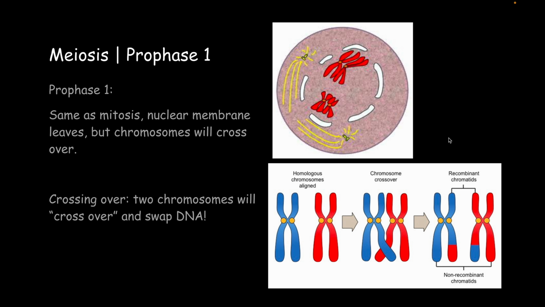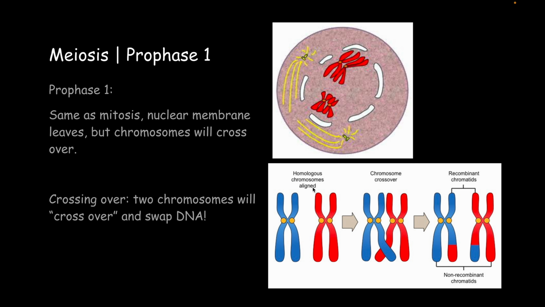Unlike prophase in mitosis, where it's just the nucleus leaving, here the chromosomes are going to be homologous pairs of chromosomes, because in meiosis we have more chromosomes. They are going to line up with each other, butt up next to each other, and cross over DNA.